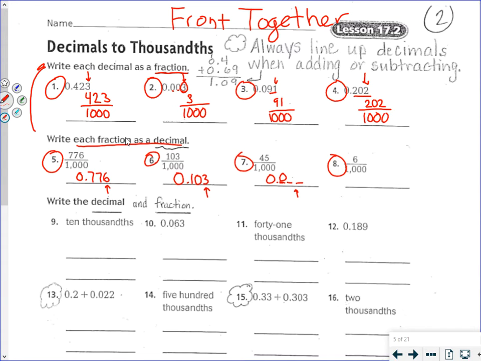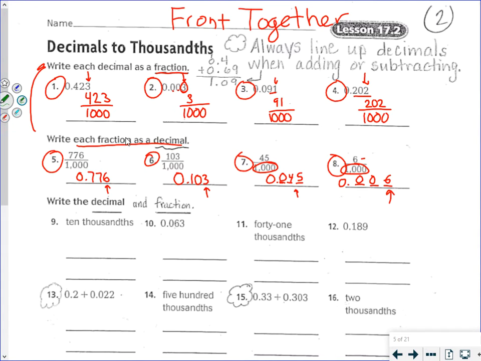We have 45 thousandths, so that's how that one would look. Now this one, 6 thousandths. Remember, it has to end in the thousandths place value, because that tells us that. So we have 0, 0, 6, because we only have one digit, 6 thousandths.